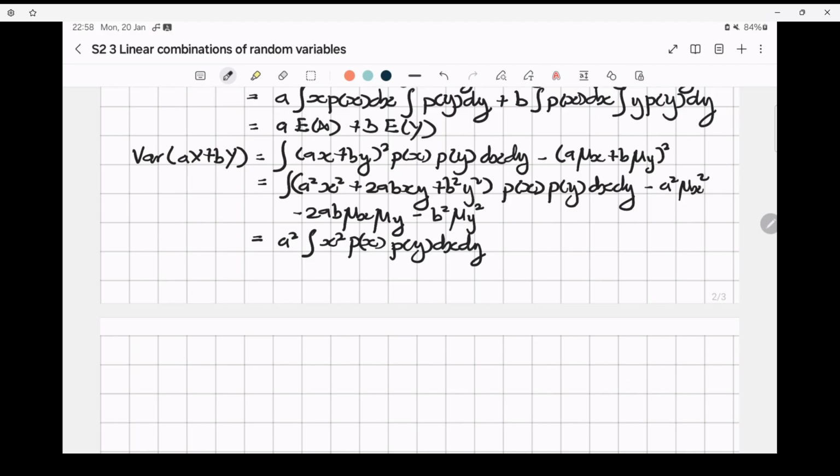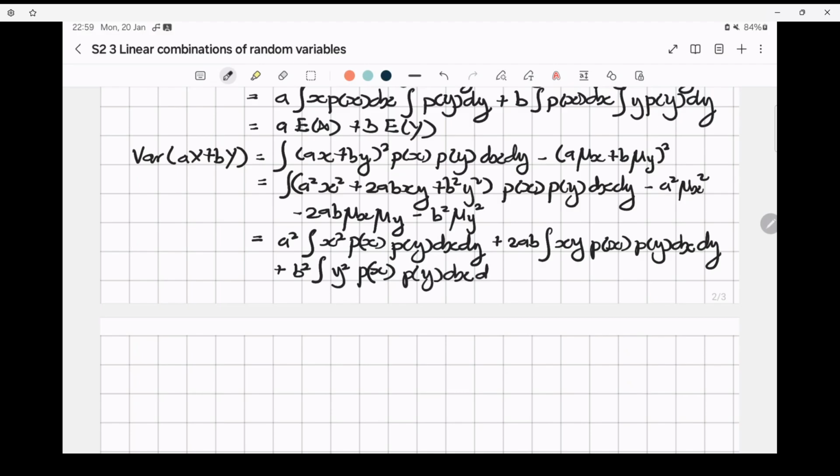That is the first term. Second term will be 2ab outside, xy px py dx dy. And then the third term will be b square y square px py dx dy. So minus a square mu x square, minus 2ab mu x mu y, minus b square mu y square.